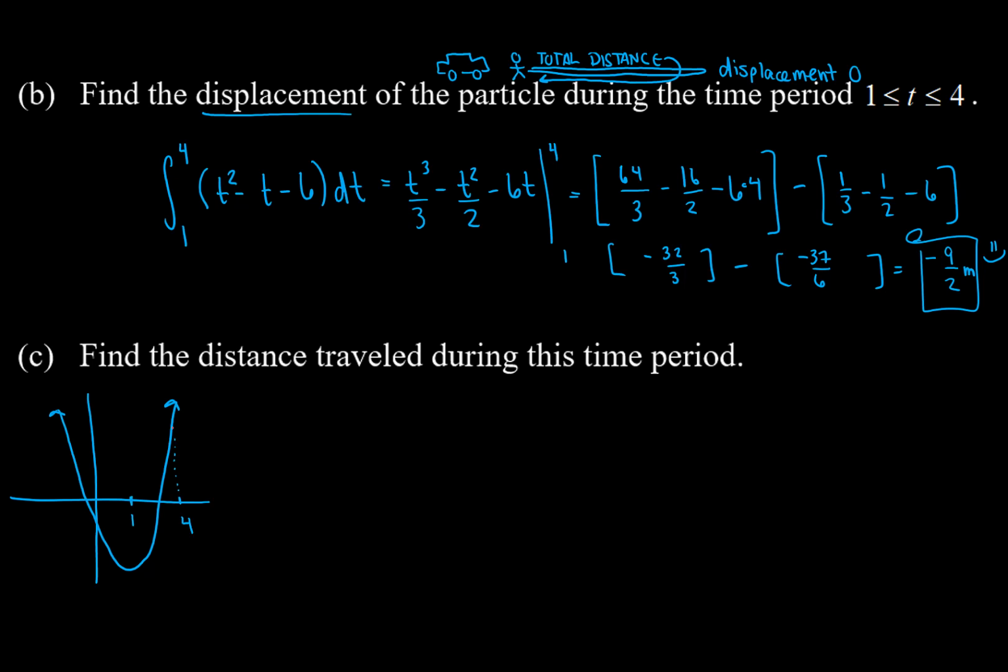If I want to find the total distance, I need to take the negative of the area underneath the curve, because a minus minus will make it plus. That'll make it so that I'm counting that value. So I need to do the integral from 1 to 3, take the negative of it, so that makes this thing positive, so that it'll count.